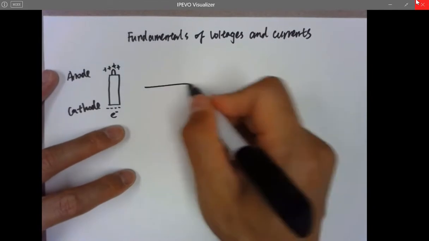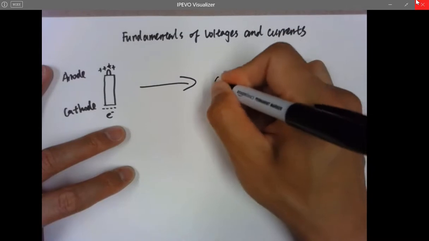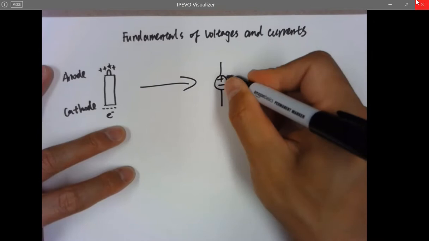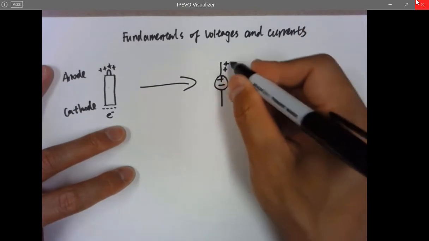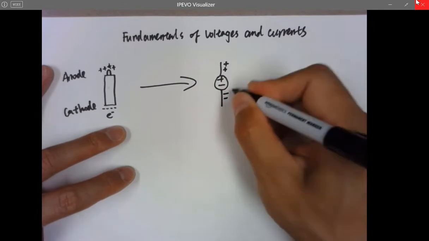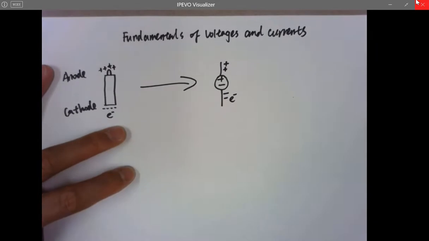And in the schematic we are going to use in this class, the symbol of a battery actually looks like this. Okay, so that's an anode, that's a cathode, and you'll know that the anode is going to accumulate all these positive ions, and the cathode has electrons. And electrons carry all the negative charges.